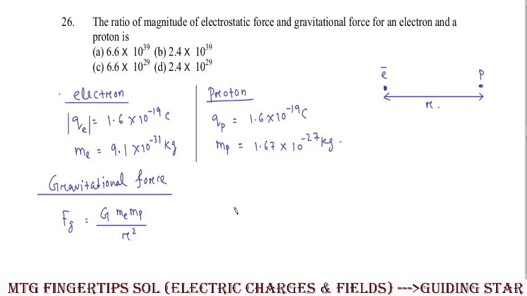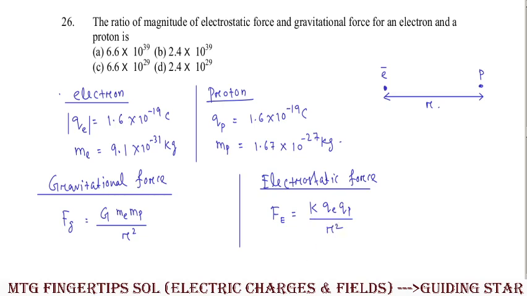And similarly, how can we write the electrostatic force? The formula for electrostatic force, F electrostatic, will be K times charge of electron into charge of proton divided by the distance of separation squared.